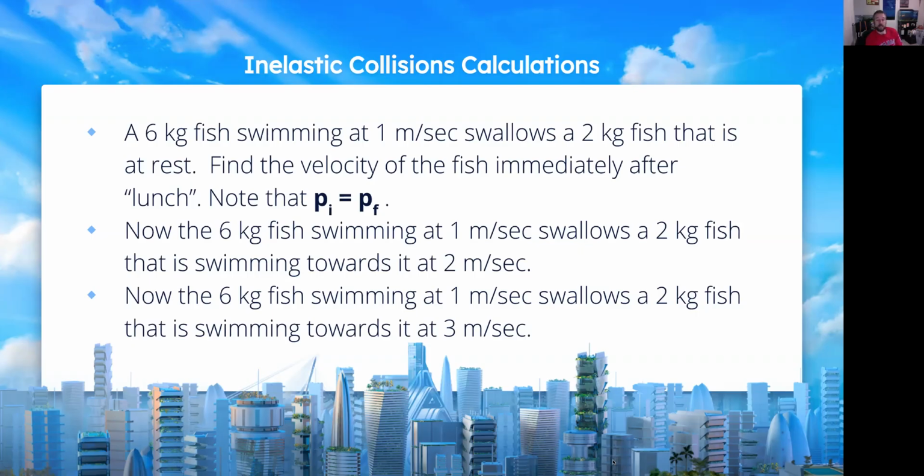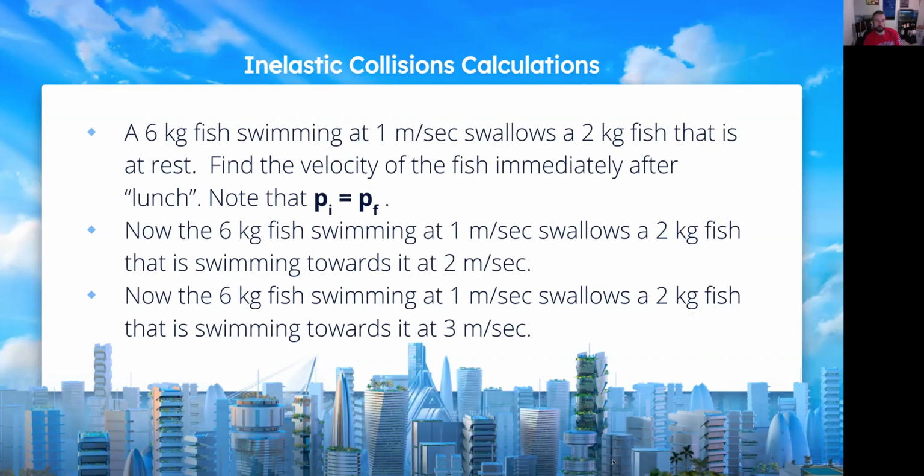Okay, so the total momentum, the initial momentum is going to be 6 Newton seconds, which means what is going to be the final momentum? Final momentum is 6 Newton seconds.